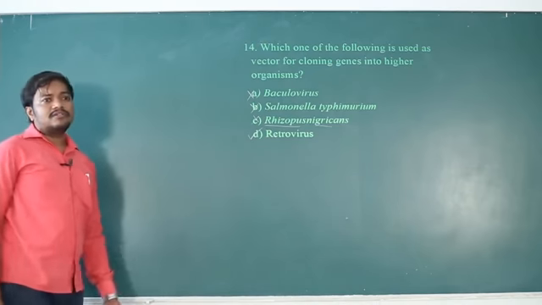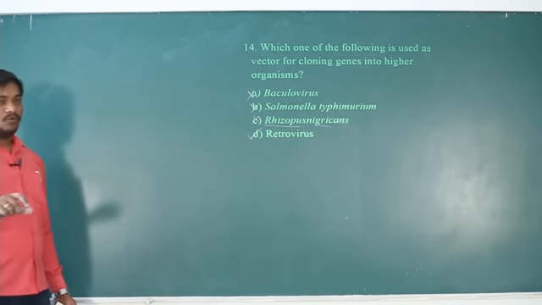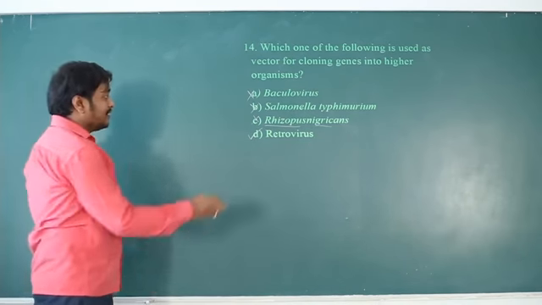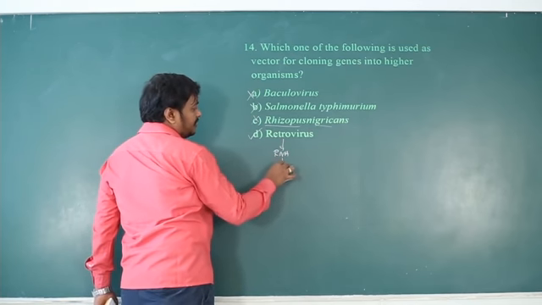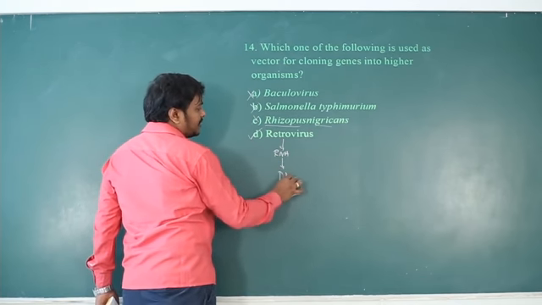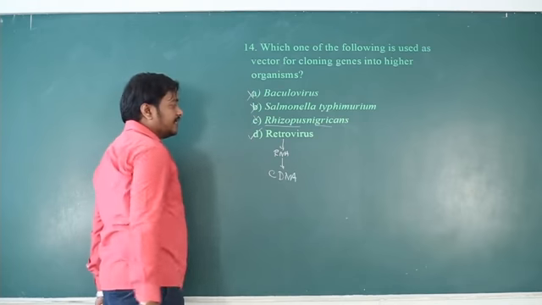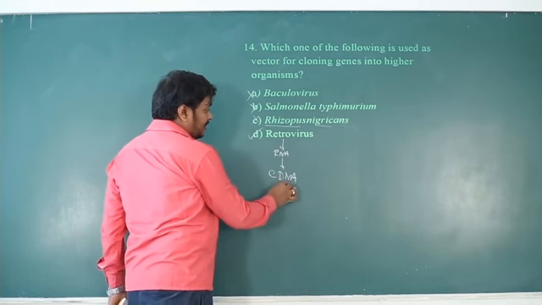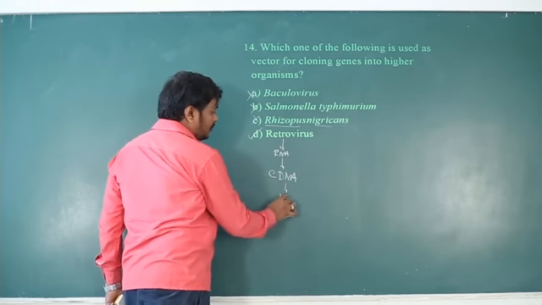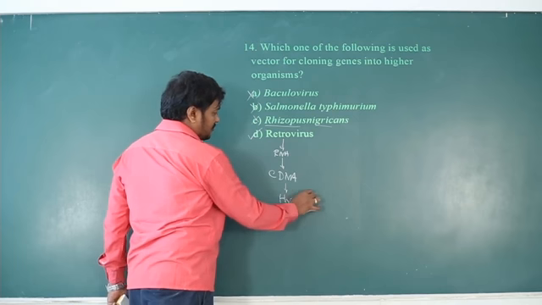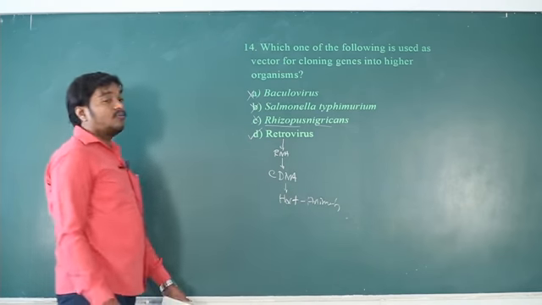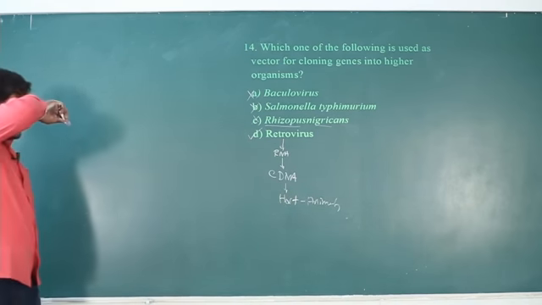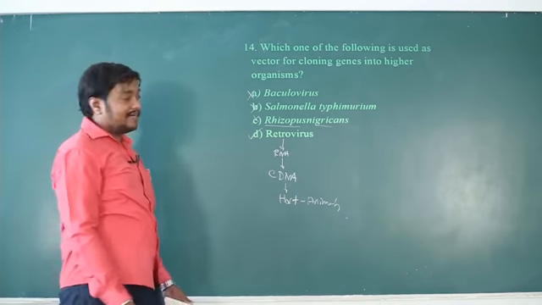If you insert the particular gene coding RNA into a retrovirus, that RNA can be converted into double stranded complementary DNA, so the retrovirus can deliver that complementary DNA into the host. Especially in animal cells, we can use retroviruses as vectors to transfer the desired DNA.